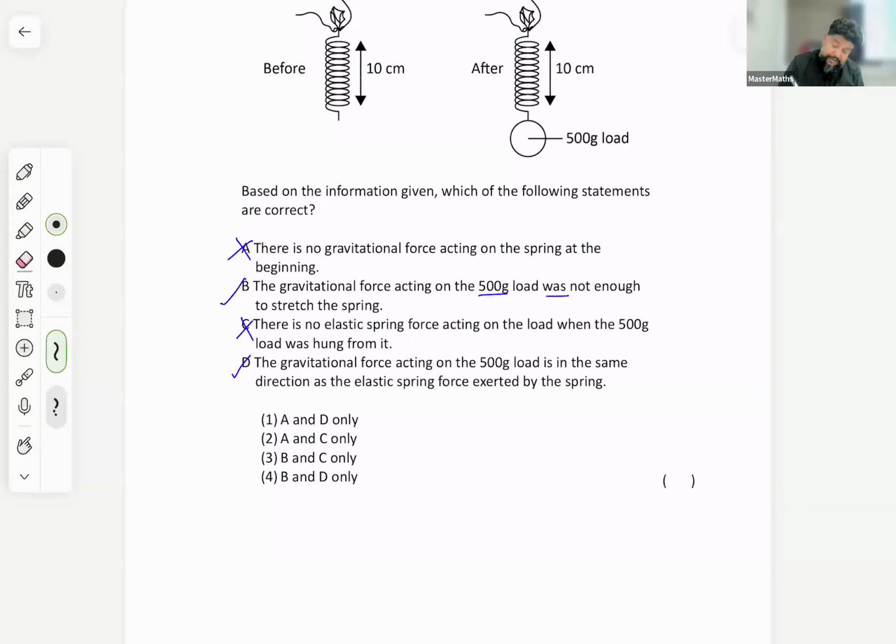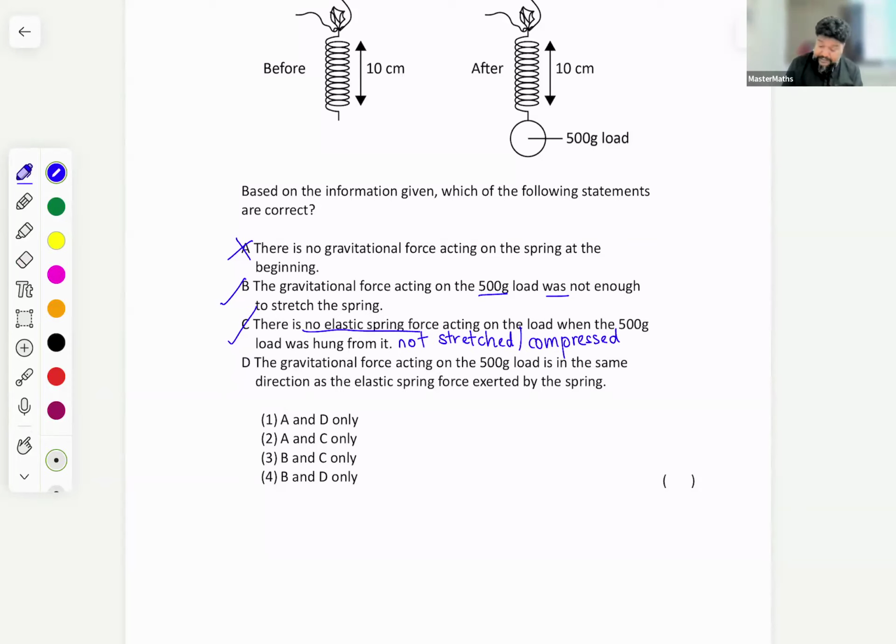Hey, why did I mark this wrong? This is correct. There is no elastic spring force because why? It is not stretched or compressed. Gravitational force acting is the same direction as the elastic spring force. Definitely not. Why is D wrong, Santosh?